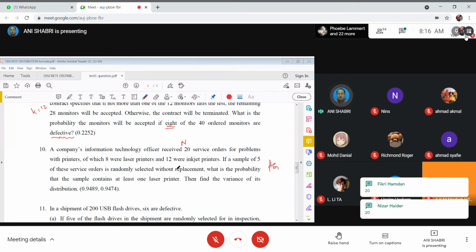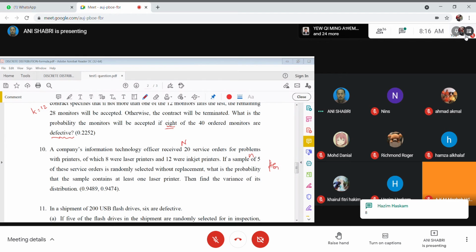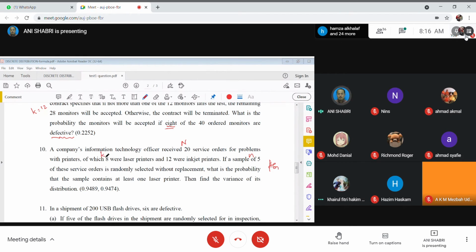What is the small n? 5. What is the value K? K is 8. And what is the value X?